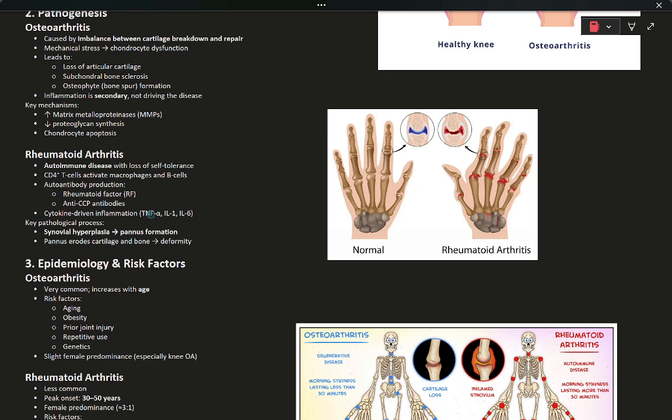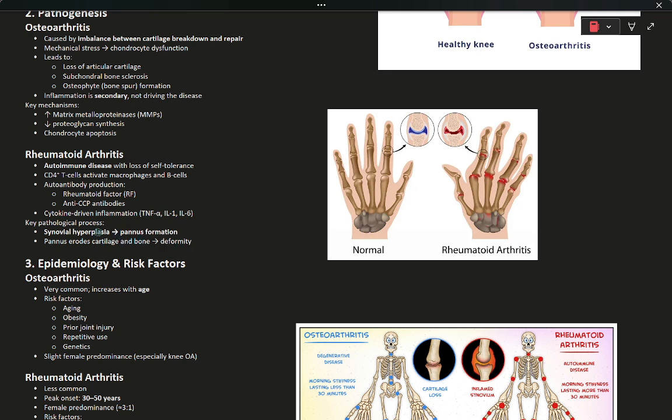TNF alpha stands for tumor necrosis factor alpha, and a key pathological process involves synovial hyperplasia, which leads to the formation of pannus, and then the pannus will erode the cartilage and the bone, which then leads to deformity.